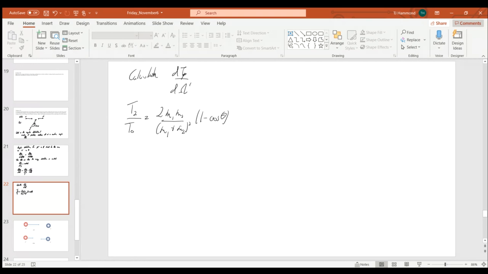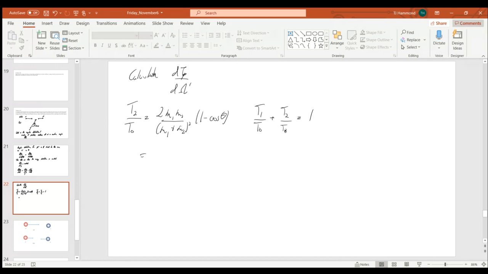Normally you would think that it's going to be this cosine squared theta, but if T1 over T naught is 1 minus this, and we have T1 over T naught plus T2 over T naught is equal to 1.